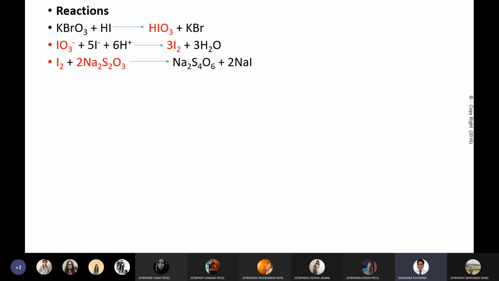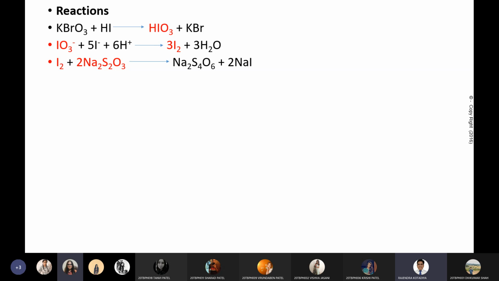Based on these three reactions, what is your inference? How many moles of KBrO3 will react with how many moles of sodium thiosulfate, or vice versa?